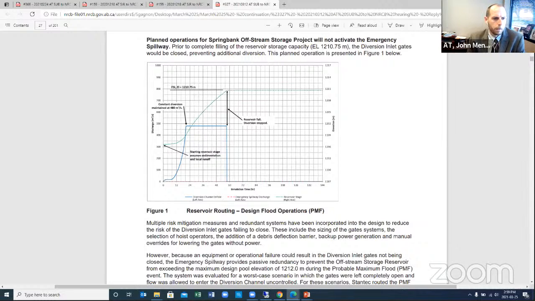Yes, so within 40 days, 90% of the pool would be eliminated from the reservoir.